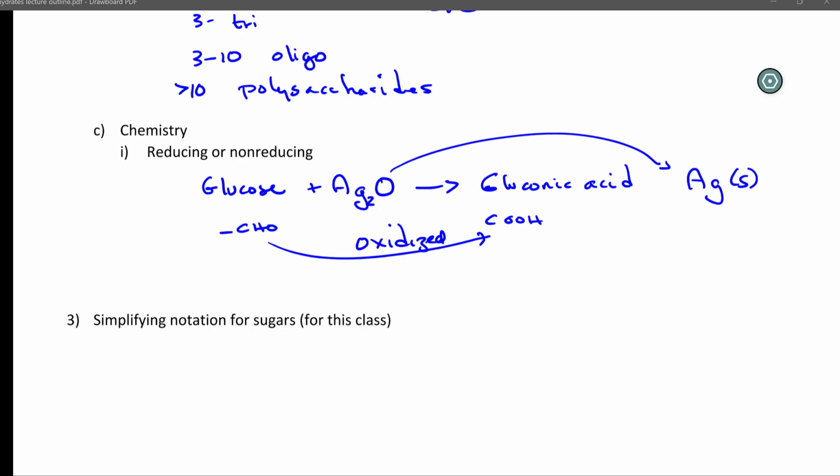I should point out the other term on this page is not oxidizing, it's non-reducing. So it's either reducing or non-reducing. Tollen's test will not react with ketones because the ketones can't be converted to carboxylic acid.